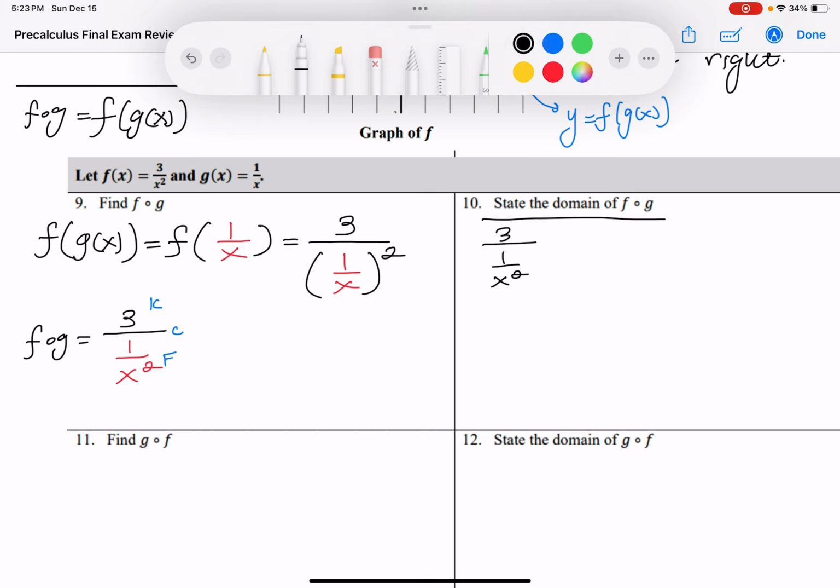So you keep the top term the same, which is 3. You change the division to multiplication. And then you reciprocate or flip the second fraction, which is x squared over 1. But x squared divided by 1 is just x squared. So it's going to equal 3x squared.